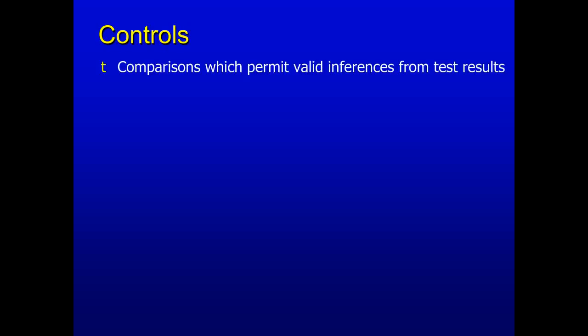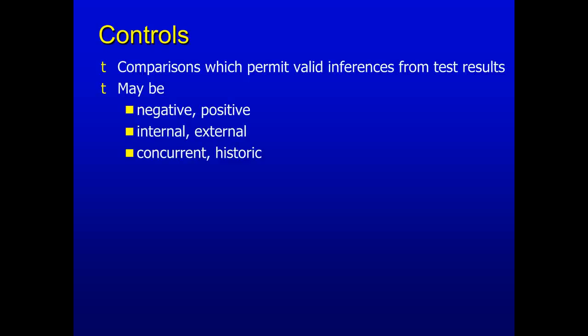We'll look at experimental units a little bit later on, but first of all let's consider controls, because they are a fundamental way of checking that you don't get false inferences. Classically, you may consider them as negative or positive, internal or external, and concurrent or historic.